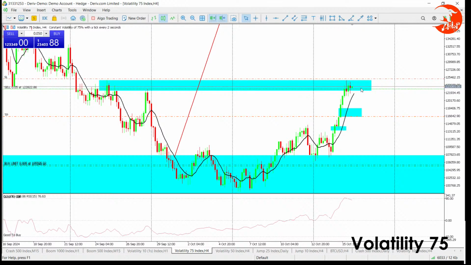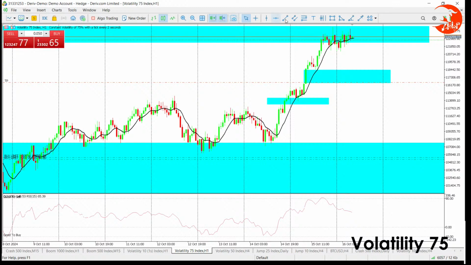So I'm still holding my sells here, though there is no momentum for both buys and sells, so wait for that. I don't know, you guys would want to enter as usual. I just want to enter when it probably breaks that level there, and then you make your entries to come here.